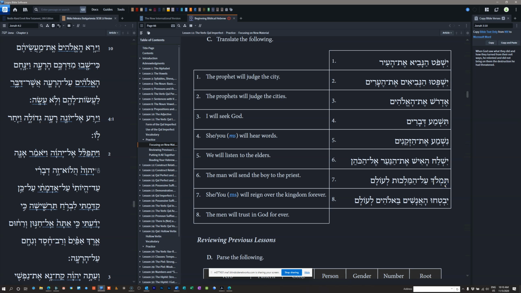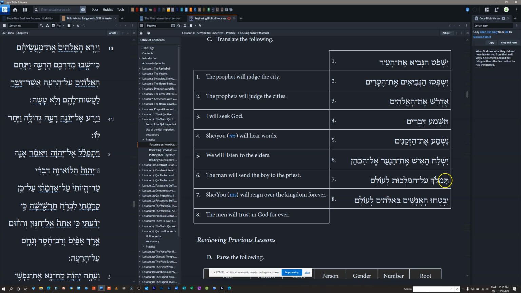So what about tav? Is tav ever used as a prefix? Yes, the Qal Imperfect uses tav as a prefix. In the 3FS and the 2MS, and the 2FS if we have a hireq yod, which we don't, and in the 2MP if we have a shureq, which we don't, and in the 3FP if we have nun, which we don't, and the 2FP, which we don't have with the nun.